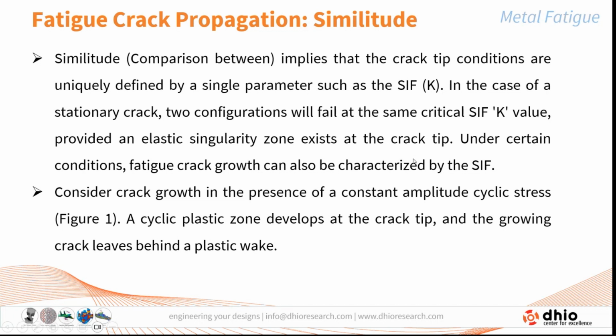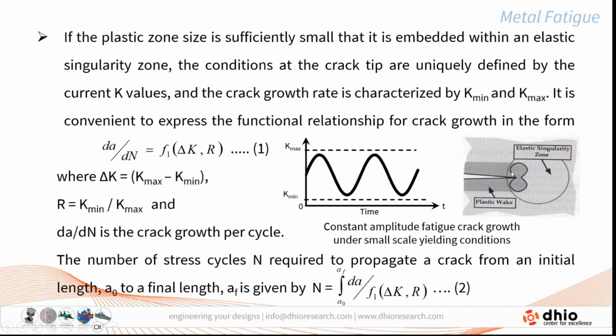So we analyze how exactly the presence of the constant amplitude stress cycle and the plastic zone developed at the crack tip is taken into account, in which you have the maximum stress intensity factor and the minimum stress intensity factor, and the rate at which the crack grows is given by da/dN. It is found to be a function of the range of stress intensity factor and the ratio of the stress intensity factors.